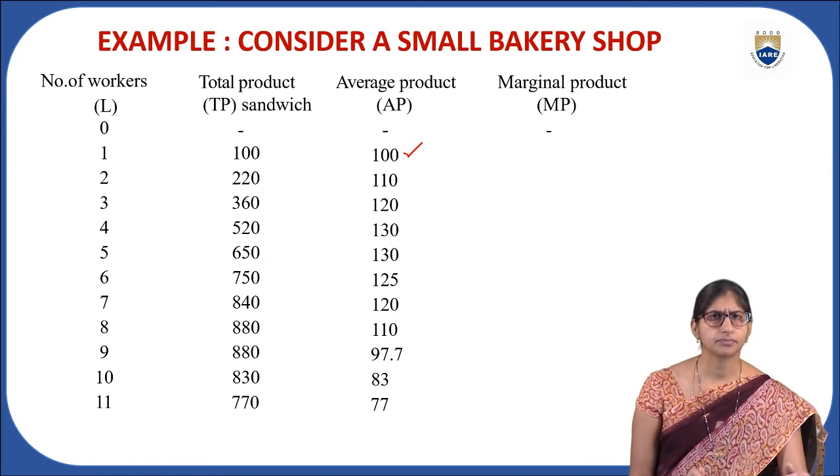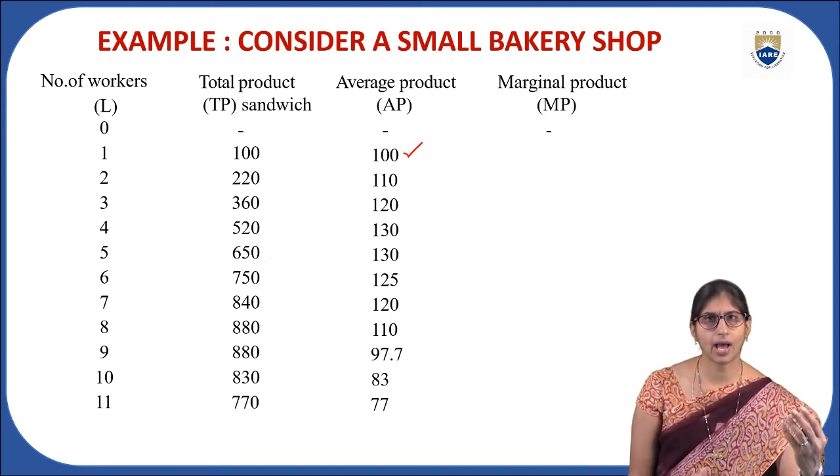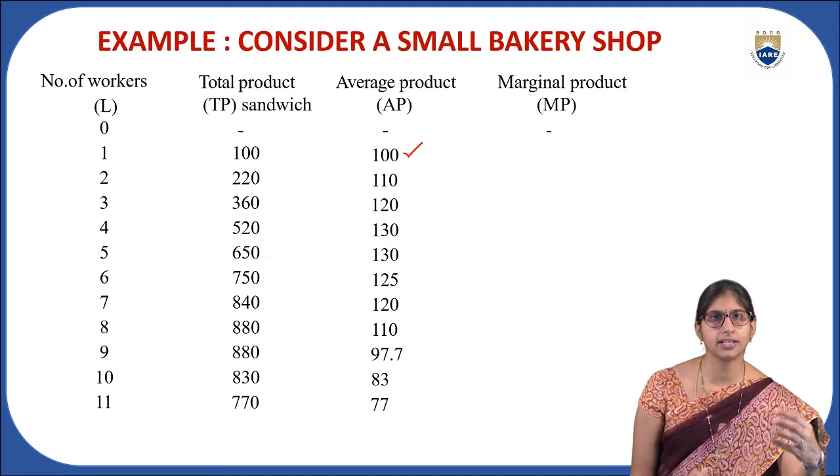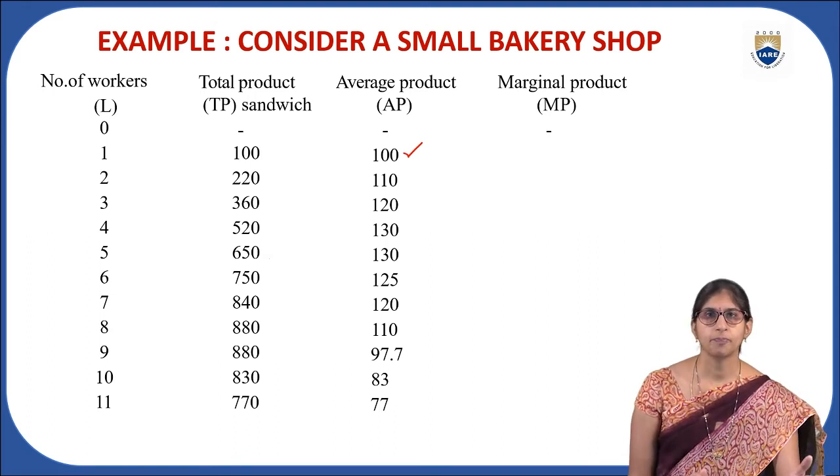What I have assumed is that if I give 10 units, I expect 10 units, and if I give 100 units, I expect 100 units of output. But it will not happen in reality. That is the importance of the production function.